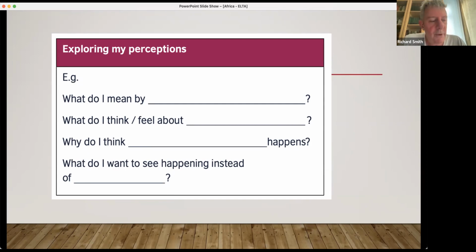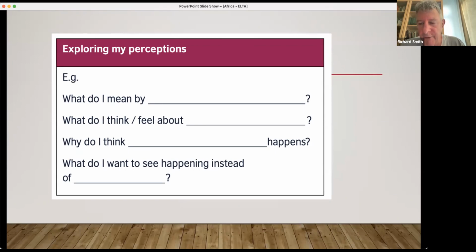It can mean answering my questions when I ask a question to the whole class, or it can mean they don't work on tasks when I give them a task to do, writing, for example, or it could mean paying attention. So asking yourself, what do I mean by participation, could be a good question here. Or what do I think about something, or why do I think something happens, or what do I want to see happening instead of something?